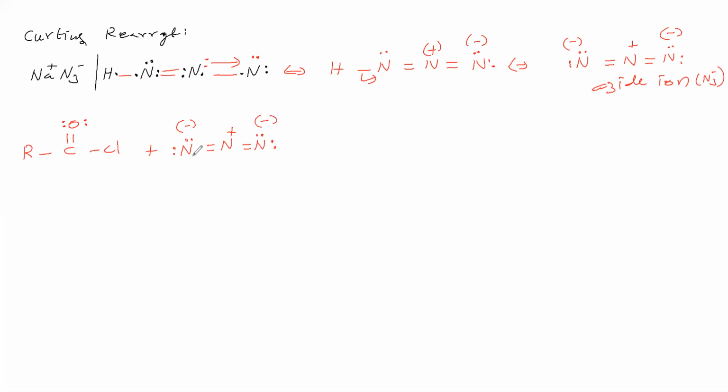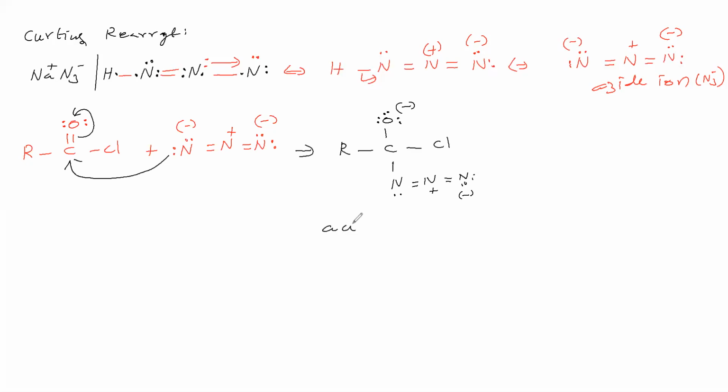Now this azide is attacking this, and this bond is migrating. So what will we get? We will get RCO, N3 minus. This is called acid azide.